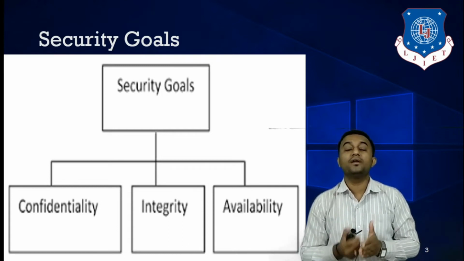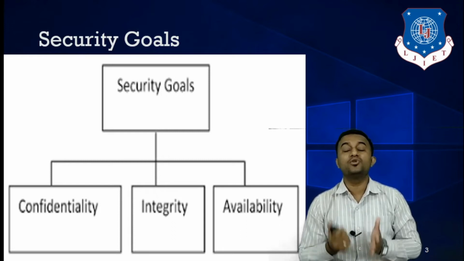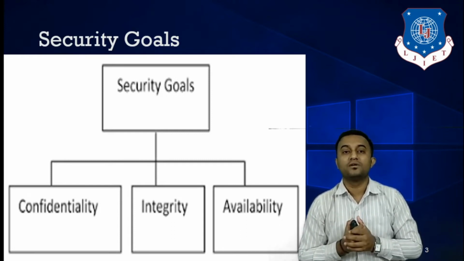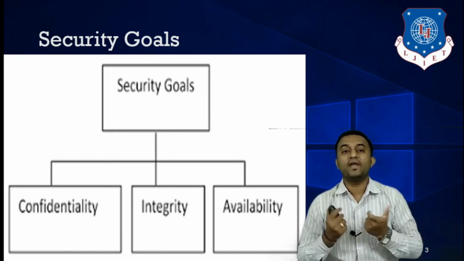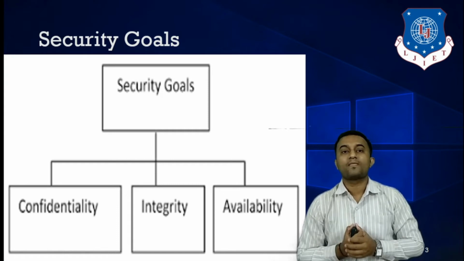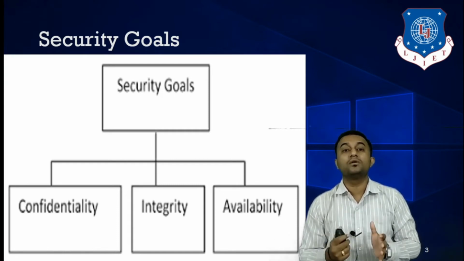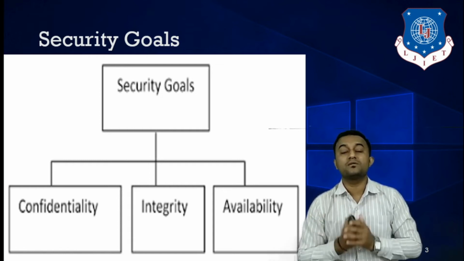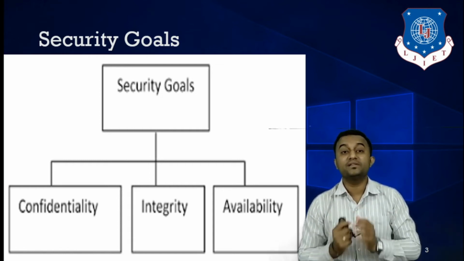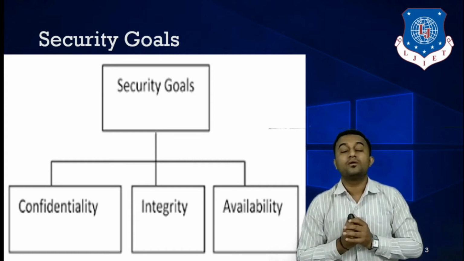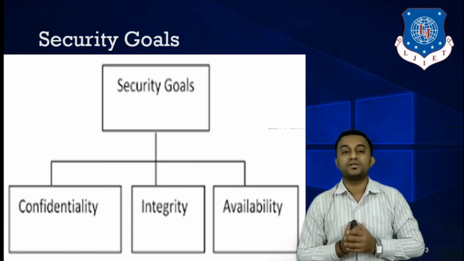No other intermediary should be able to reveal that information. So to achieve confidentiality, we need to have a certain encryption mechanism. Nowadays confidentiality does not depend only on the storage of information, but it is also applicable when we are transmitting that information towards the destination.